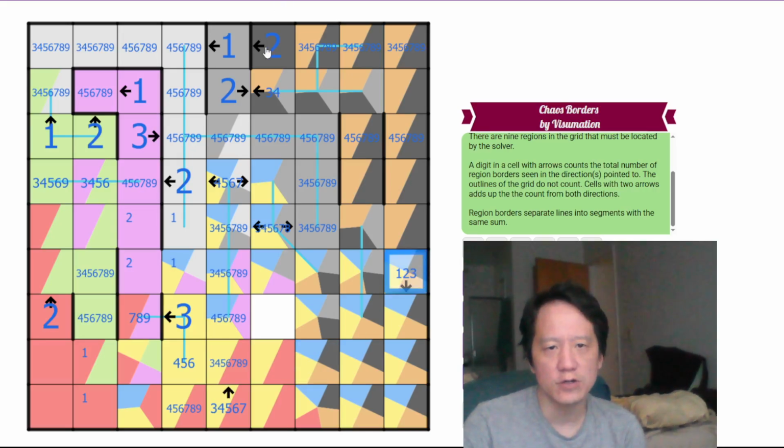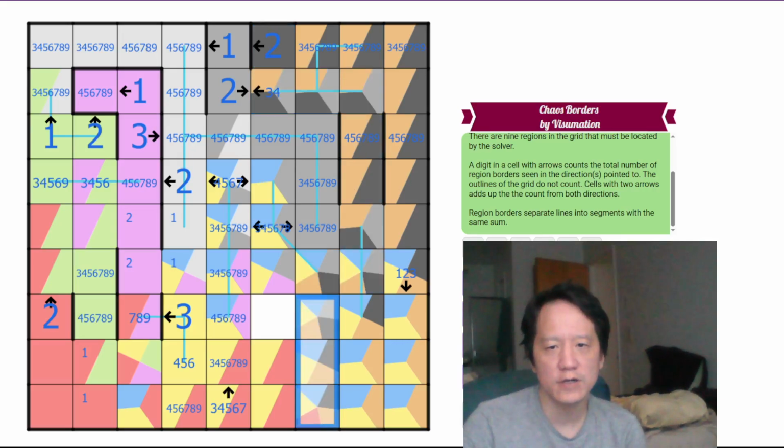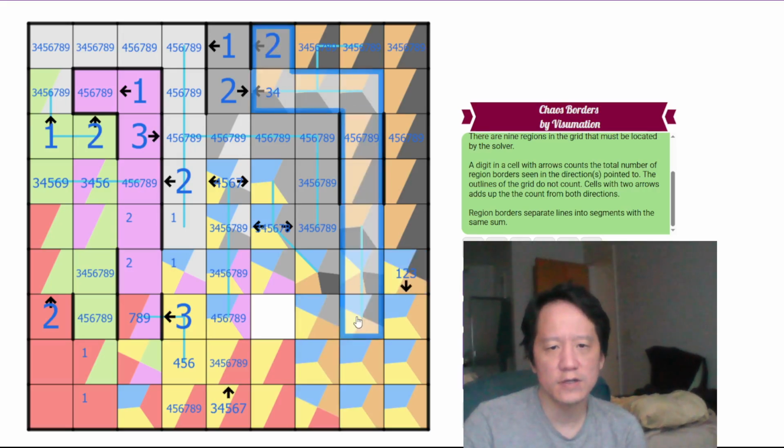Okay, where can dark go to? 1, 2, 3, 4, 5, 6, 7, 8, 9. So dark cannot go there. So dark cannot go here. So dark cannot go here. 6, 7, 8, 9. Yeah.